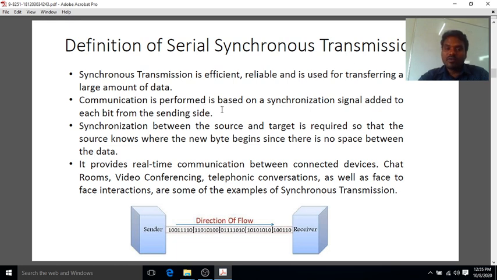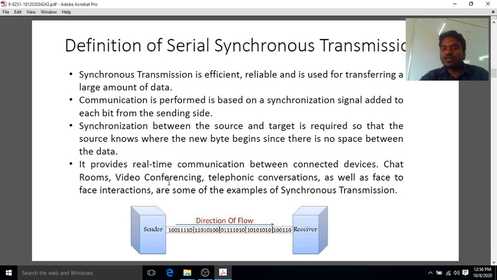Communication is performed based on the synchronization signal added to each bit from the sending side. Synchronization between the source and the target, that is the destination, is required, so that the source knows where the new byte begins, since there is no space between the data. It provides real-time communication between the connected devices.